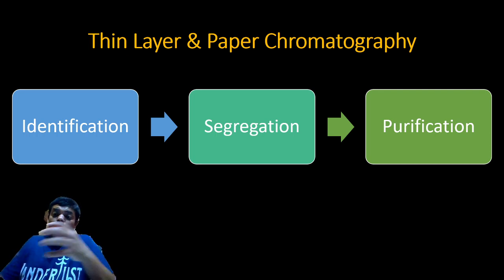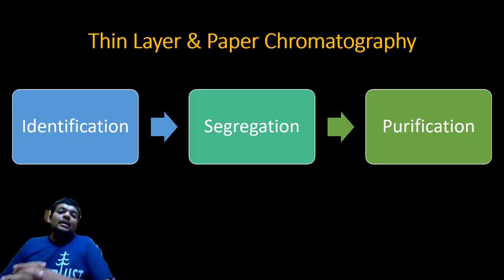Aggregate means to bring together, ek saath lana. So thin layer chromatography and paper chromatography can identify compounds from a mixture, can even purify to an extent, not completely, but have the power to separate, to segregate. So these are the main three objectives when we talk of thin layer and paper chromatography.